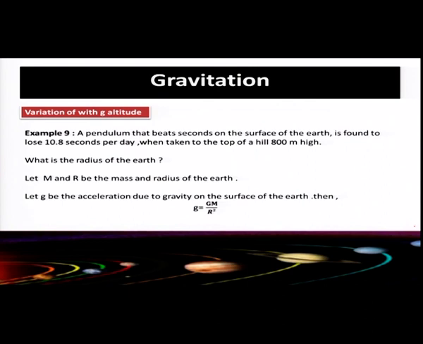Therefore, the acceleration due to gravity on the surface of the earth can be calculated as follows.